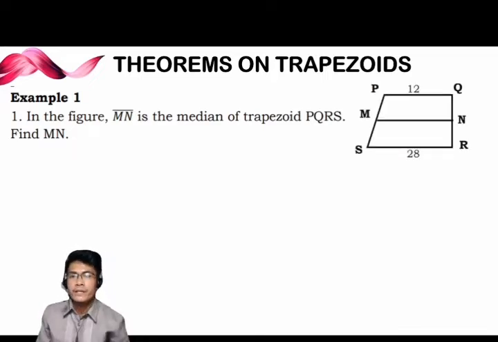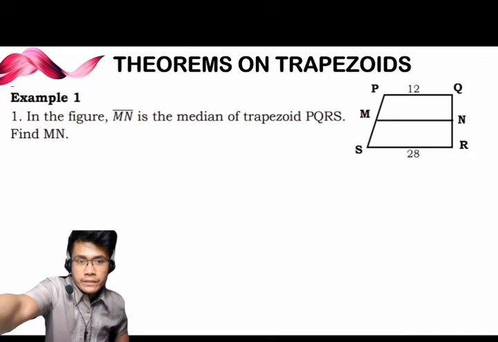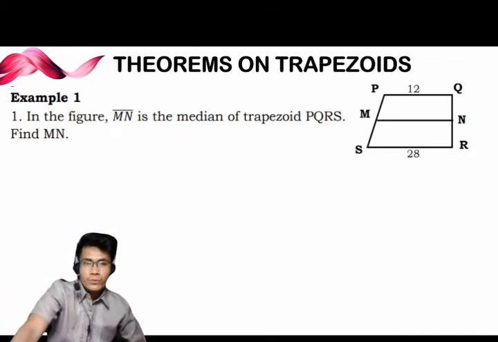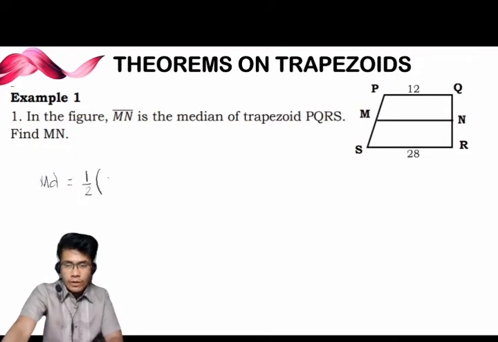So we have here, number one, in the figure, segment MN is the median of trapezoid PQRS. So we have to find the measure of segment or median MN. Now, using the theorem, let's have the solution. The theorem states that the median is 1/2 of the sum of the lengths of the two bases, so b sub 1 plus b sub 2.